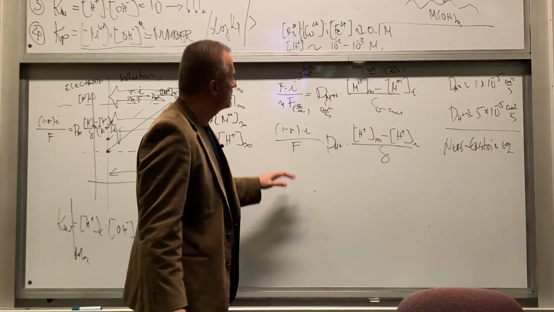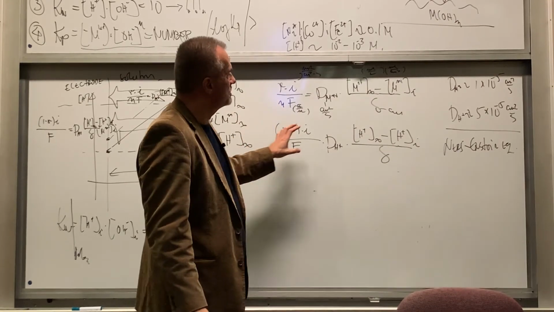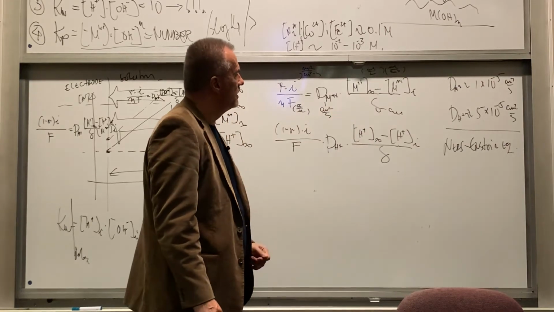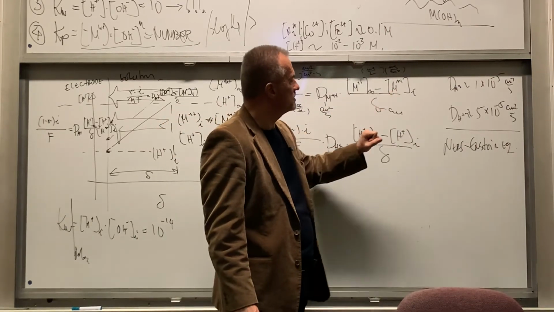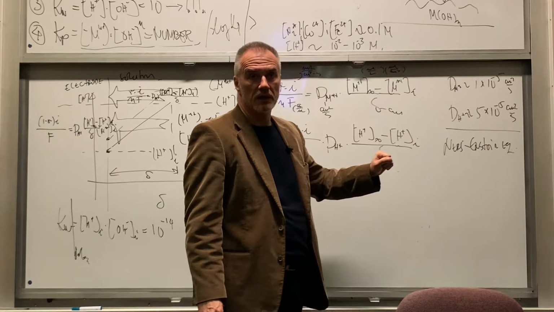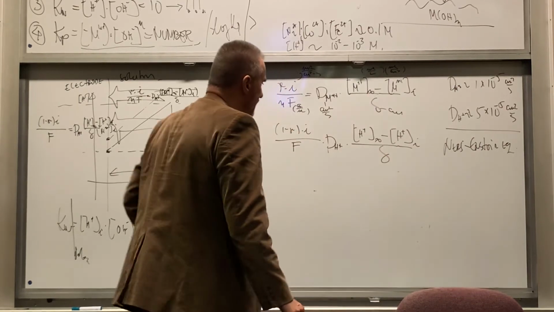Now the idea here, knowing these two equations, is to come up with the value of metal ion concentration at the interface and H plus, right?